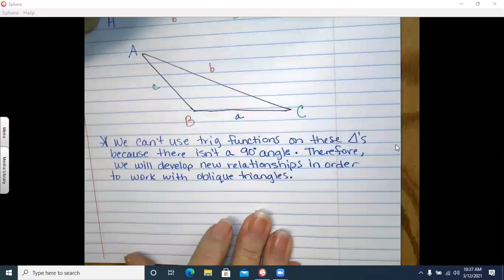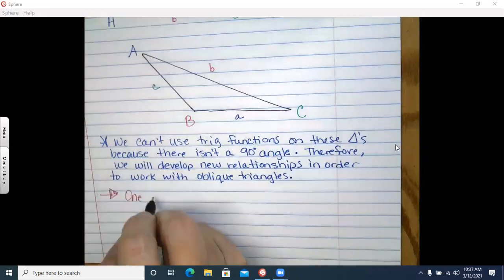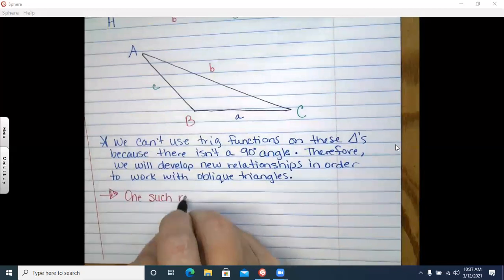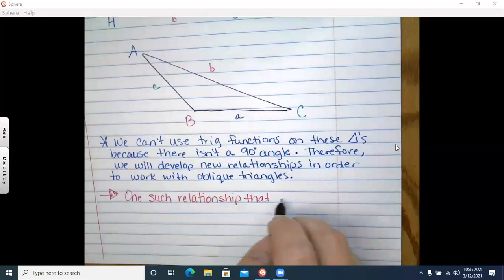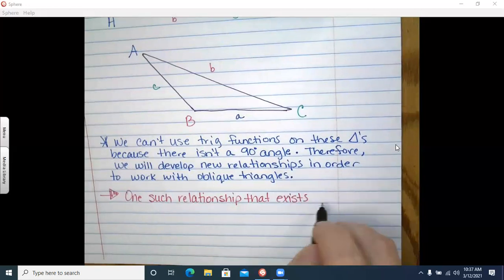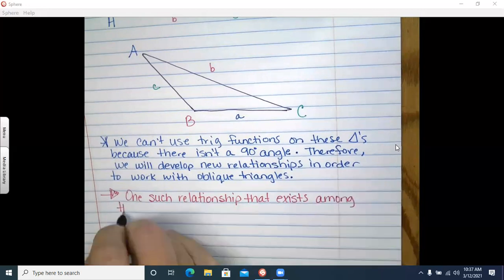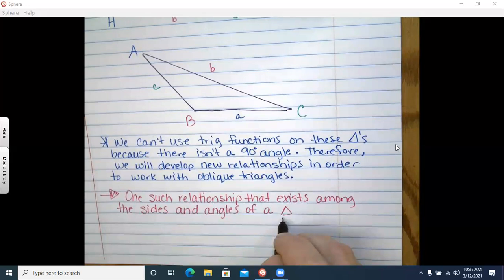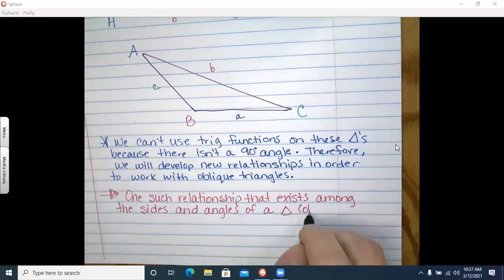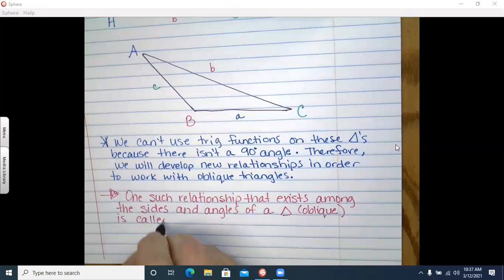One such relationship that exists among the sides and angles of a triangle, I'm going to say of an oblique triangle, so I'm going to put oblique in parentheses, is called the law of sines.